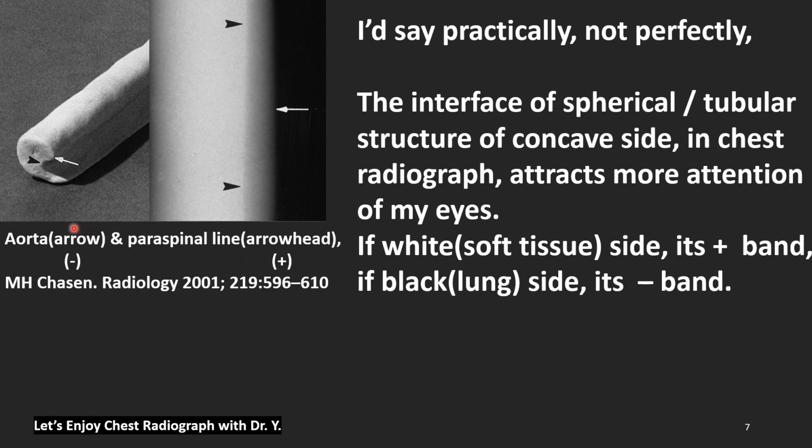Look at this figure. The aorta, white arrow, is a negative Mach band, and the arrowhead, paraspinal line, is a positive Mach band. This is the paraspinal line of positive Mach band. This white arrow is the aorta of negative Mach band.